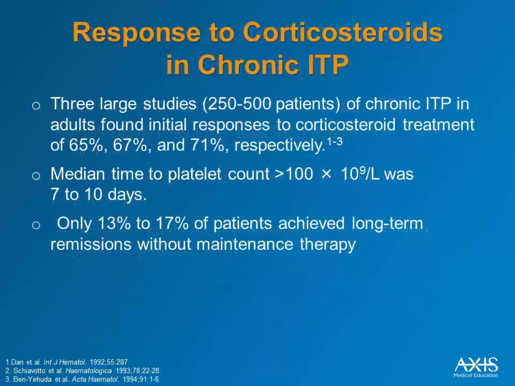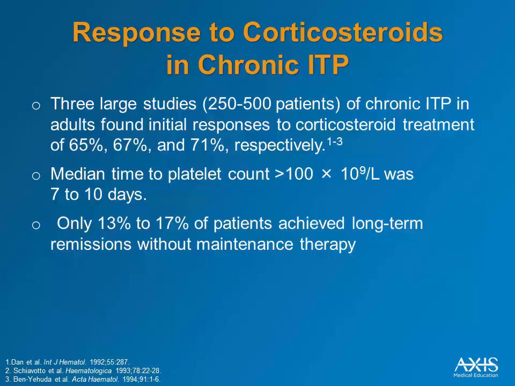In summary, looking at 3 large clinical trials with greater than 250 patients in each of these trials for chronic immune thrombocytopenia, the initial response to standard corticosteroid treatment, prednisone at a milligram per kilogram, ranged from 65 to 70%, respectively.